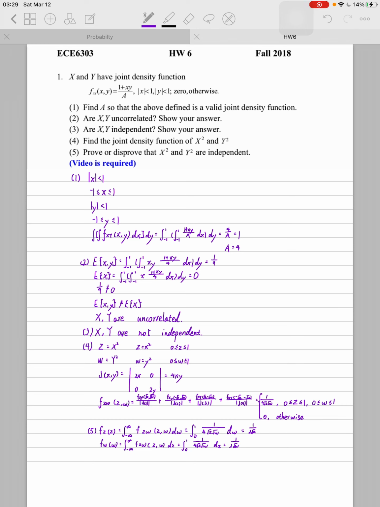So for X squared, f(z) equals the integral from negative infinity to infinity of f(z,w) dw, which equals the integral from 0 to 1 of 1 over 4 square root z square root w dw, which equals 1 over 2 square root z. f(w) equals the integral from negative infinity to infinity of f(z,w) dz, which equals the integral from 0 to 1 of 1 over 4 square root z square root w dz, which equals 1 over 2 square root w.